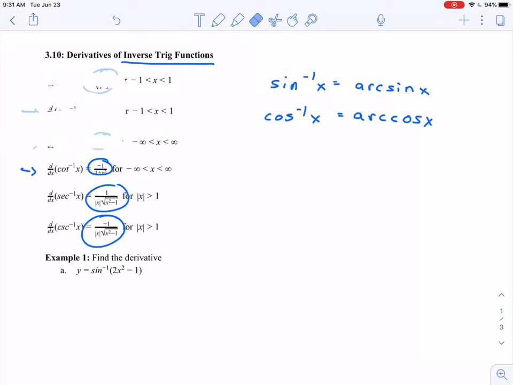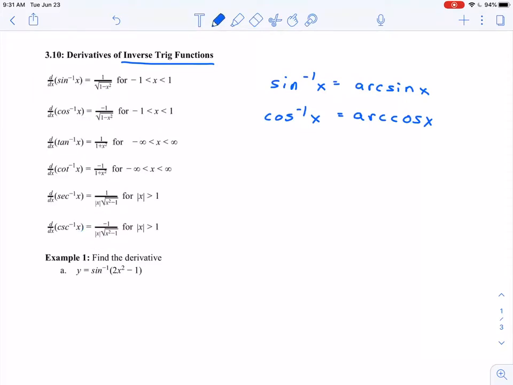I don't stress derivatives of these functions all that much. I think there are 3 that are really worth knowing. And those 3 would be the derivative of sine inverse of x, the derivative of tangent inverse of x, and the derivative of secant inverse of x.